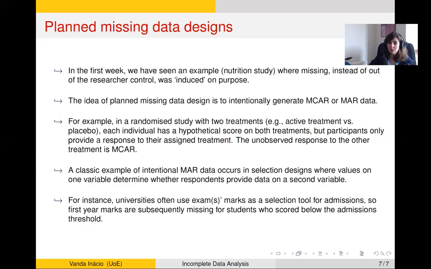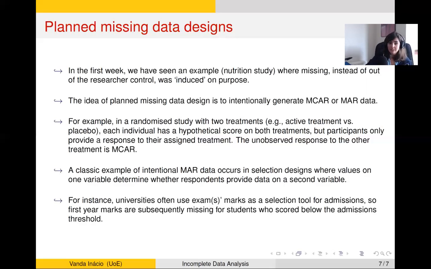The hypothetical outcome that is not measured because the individual is not assigned to that treatment is known as the potential outcome in the causal inference literature, something that is a hot topic these days in the statistics community, and that, by the way, was also started by Donald Rubin.